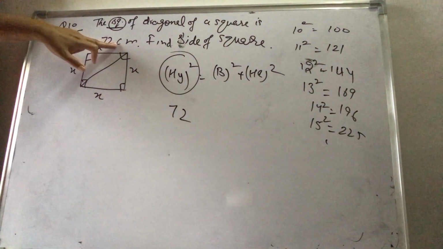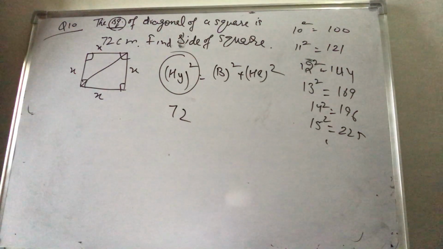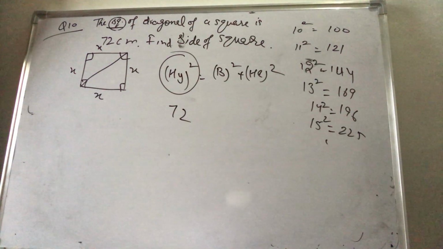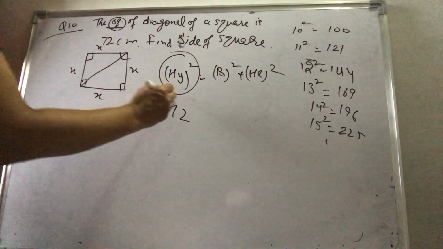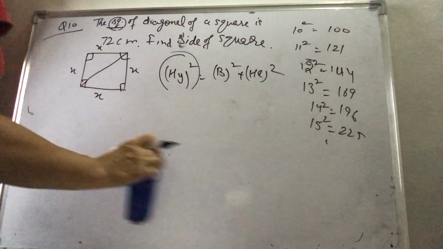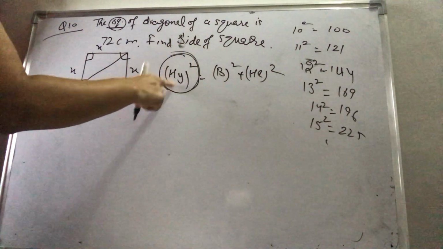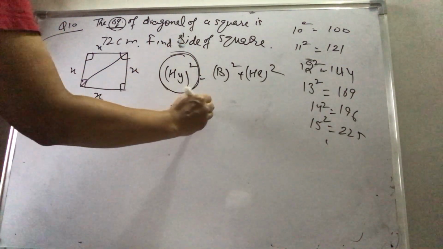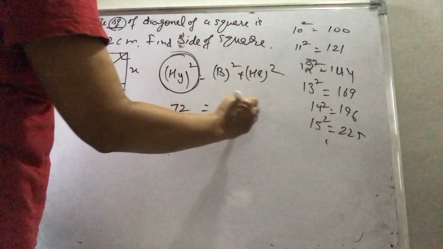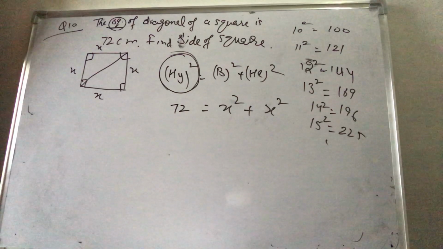That 72 centimeter is the square of the diagonal. If I will do 72 then square, that will be wrong. So the value of this complete thing, hypotenuse square, is 72 and the base is x and the height is also x because all sides are equal in a square.